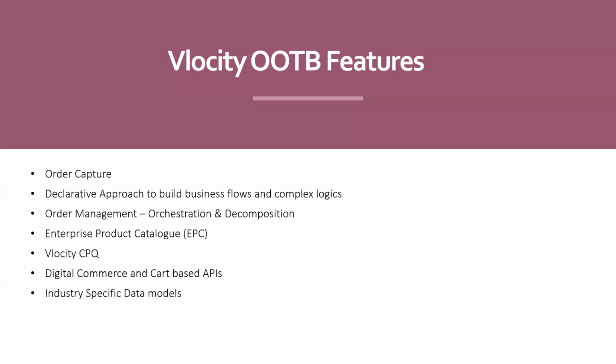In simpler words, order management in Vlocity manages an order once it is submitted, including the order being delivered to the customer and activated. In a single sentence, order management in the Vlocity communications module is where an order is submitted.